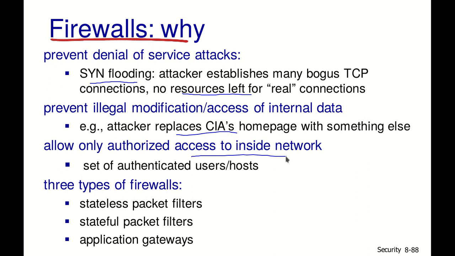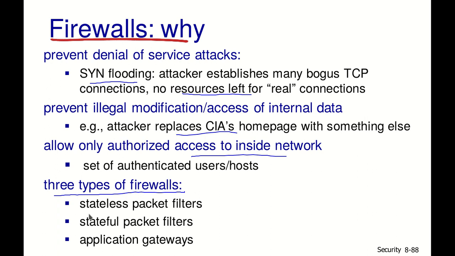It can also allow only authorized access to inside networks. For example, we can set authentication for users or hosts. And then there are three types of firewalls. Basically there can be more, depending on how we categorize the types of firewalls, but in this lecture we'll limit this to three types.